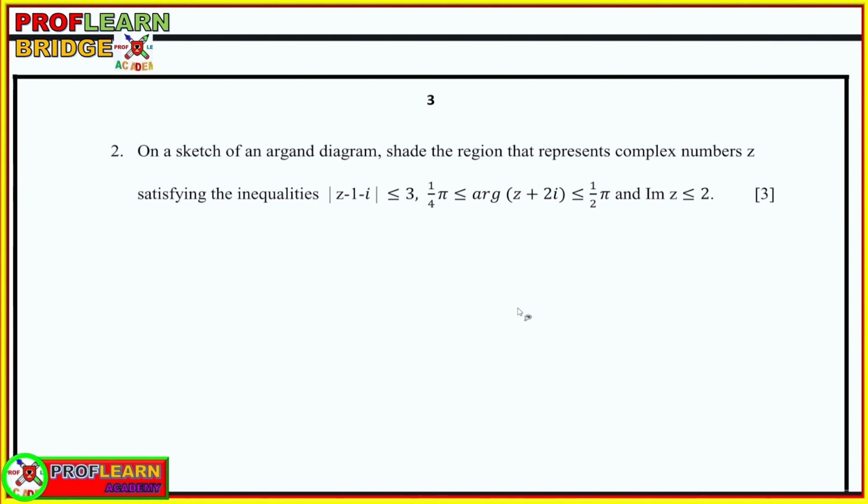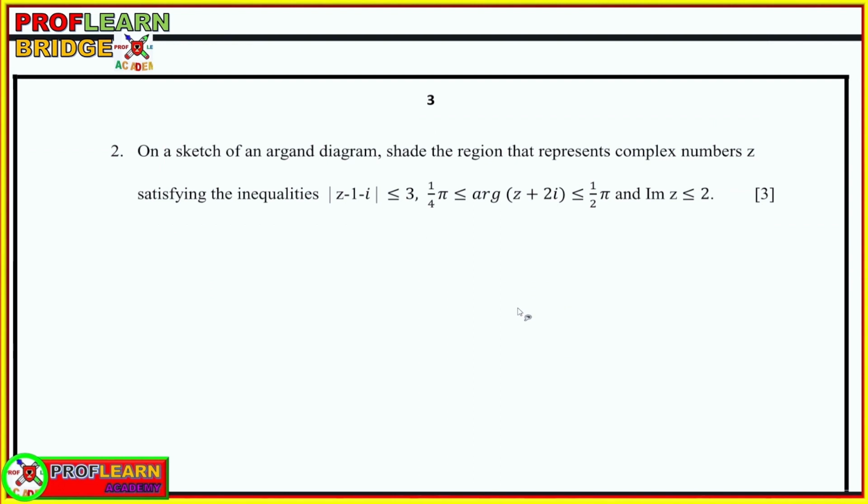You are told, on a sketch of an Argand diagram, show the region that represents complex number z, such that the inequality |z - 1 - i| is less than or equal to 3. Also, we are told arg(z + 2i) is greater than or equal to 1/4 π, less than or equal to 1/2 π. And we also have Im(z) is less than or equal to 2.